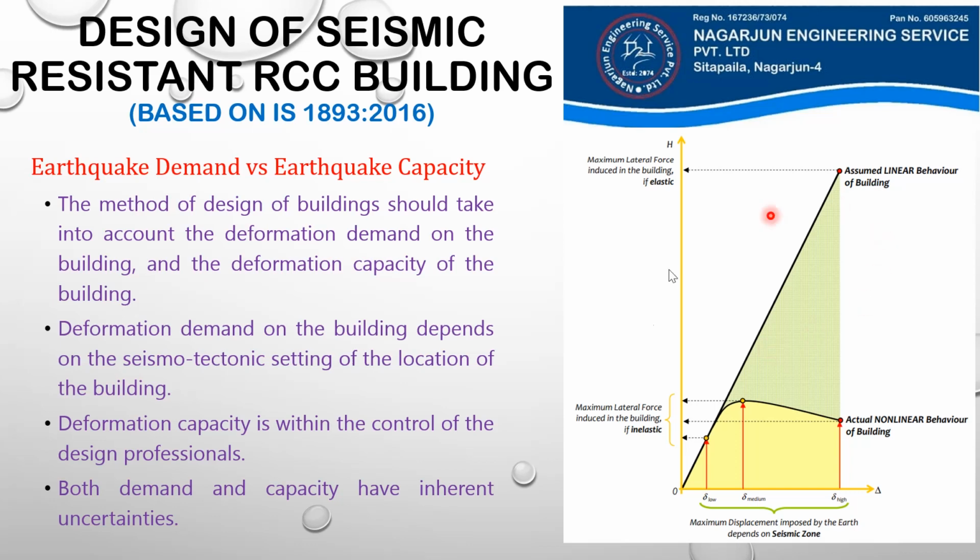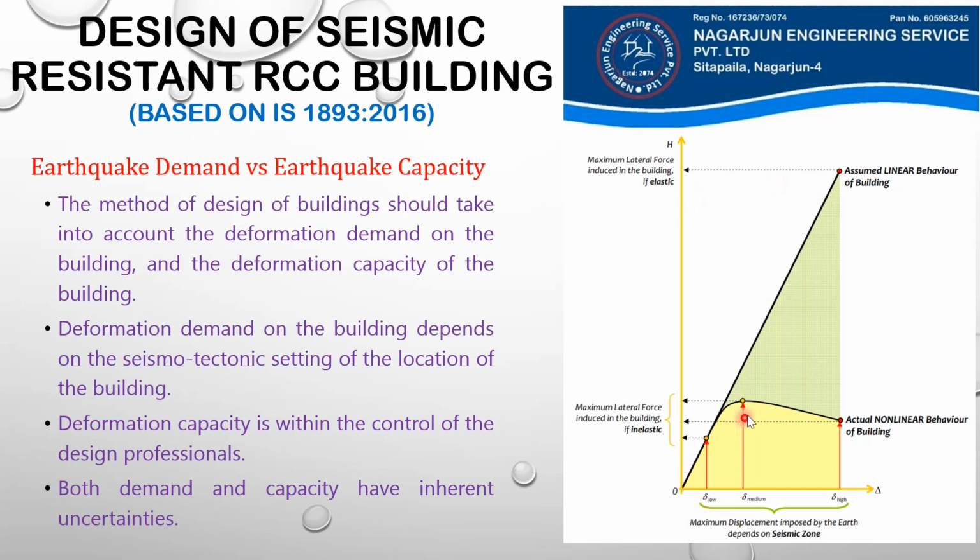So if we look at the graph on the right hand side, this is a graph of displacement versus lateral force. We have already seen this. If we assume linear behavior of a structure, that is, the structure does not yield or get damaged during the earthquake, this point will give the maximum lateral force induced in the building.